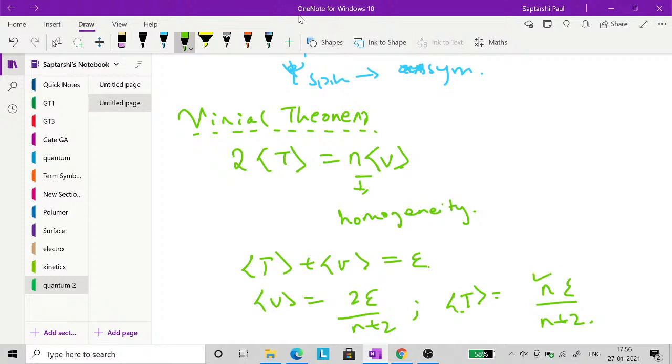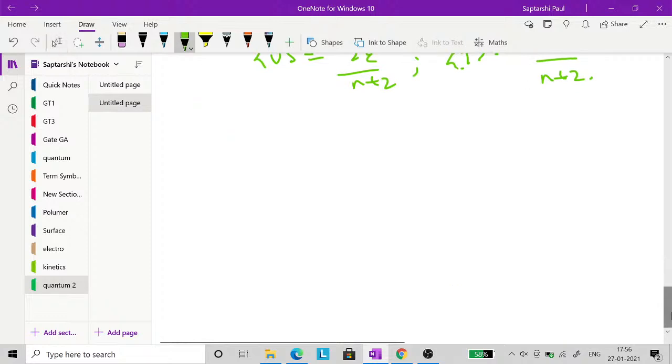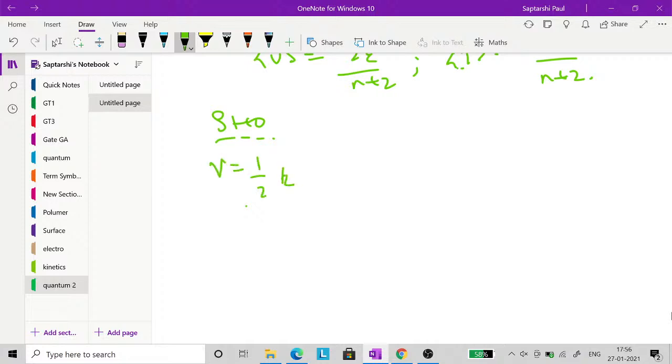Now we'll come to what N is. You mainly need this for the SHO and the hydrogen atom. For the SHO, the potential V equals half kx squared. For the hydrogen atom, V equals minus 1 by the square root of x squared plus y squared plus z squared, that is, minus 1 by r.